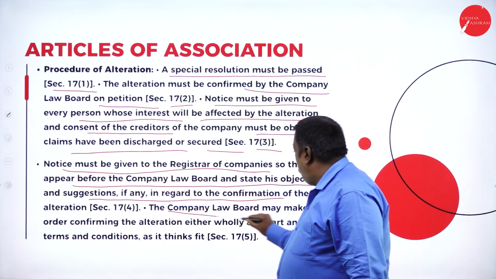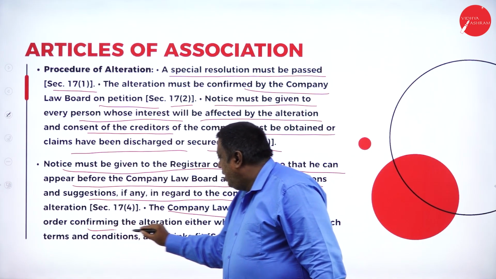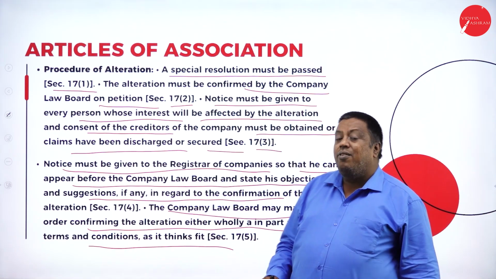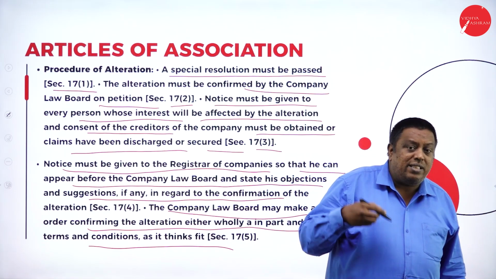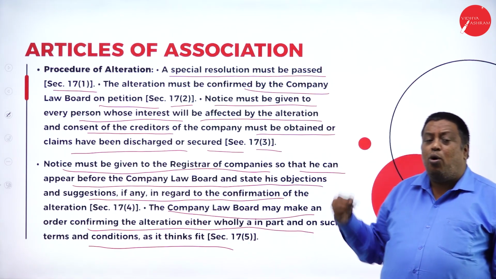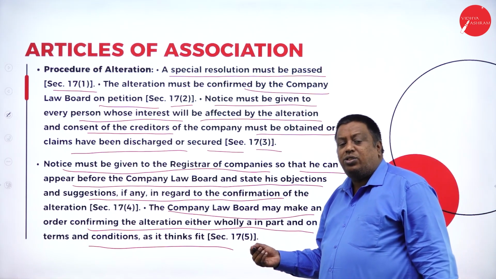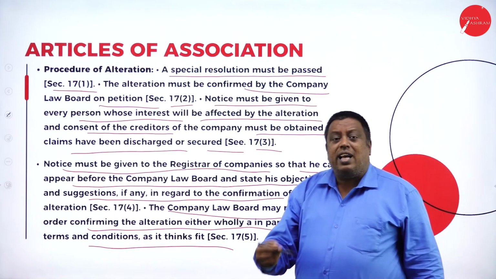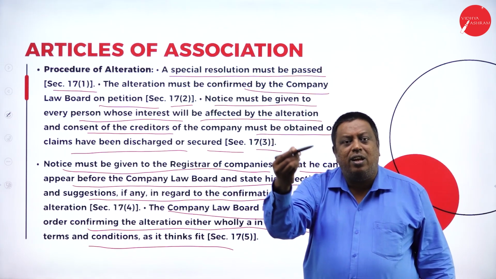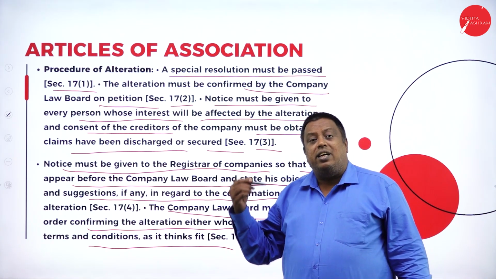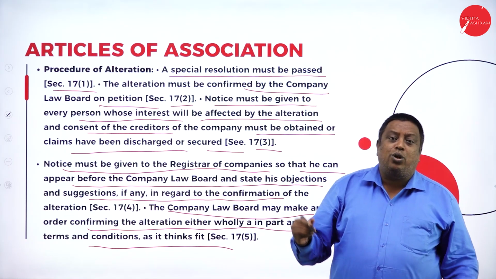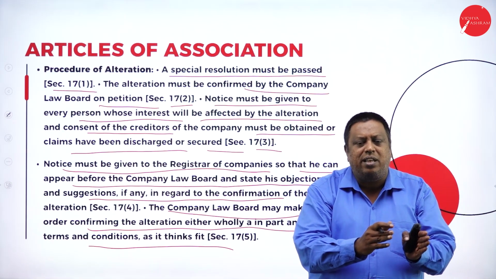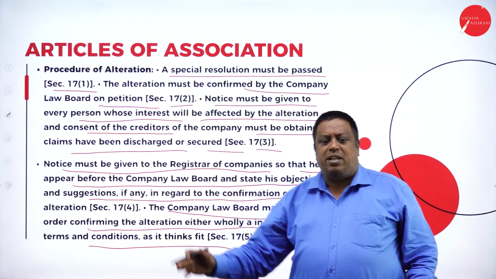The Company Law Board may make an order confirming the alteration either wholly or in part, on such terms and conditions as it thinks fit. The company has to present itself before the Company Law Board for the alteration of association and convey the message for the alteration permission. The Company Law Board may accept the total modifications, or it may say that a part of the points has been accepted and the remaining are not accepted.